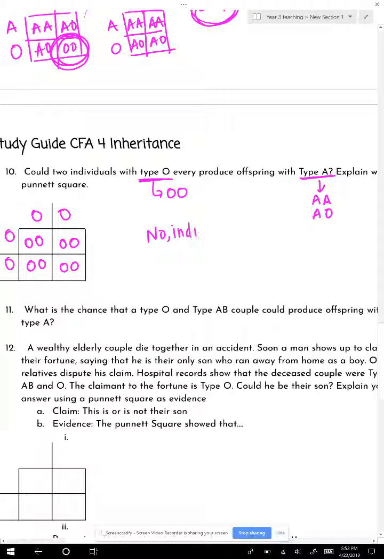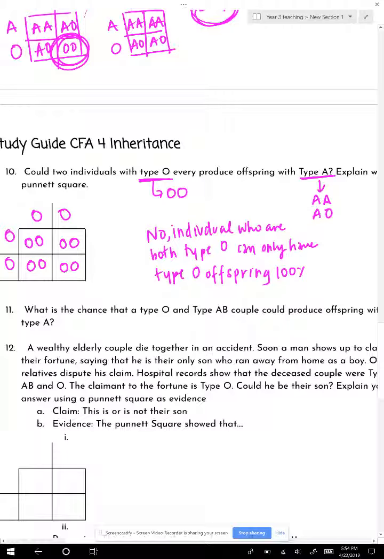Individuals who are both type O can only have type O offspring 100% of the time, right?